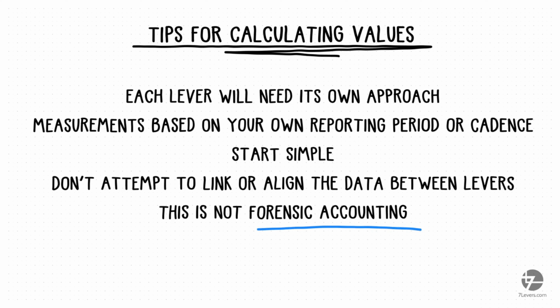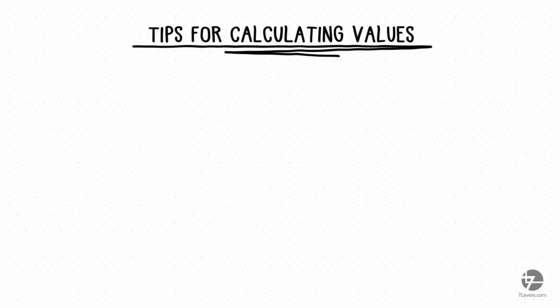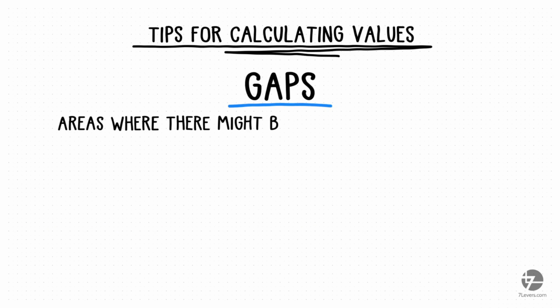But at the first pass, we do recommend that you go through and do simple capture and calculation. As you go through, this is also an opportunity to look for gaps, areas where there might be some simple improvement, and when you get to the correction phase, you can make some simple fixes to get some easy wins.